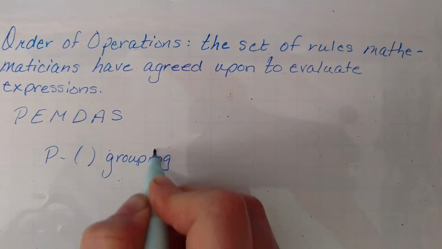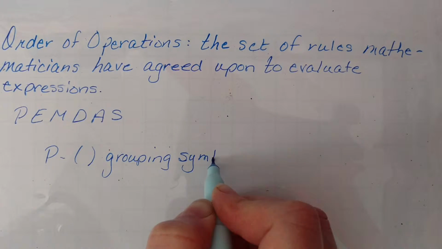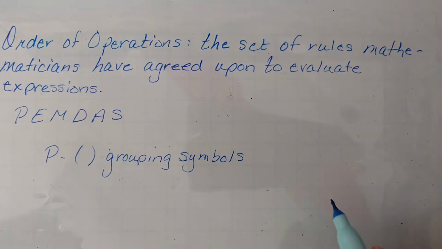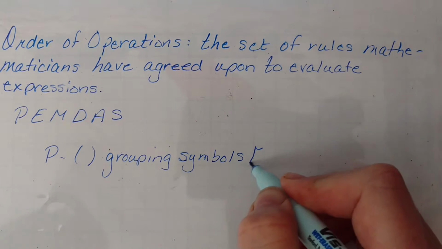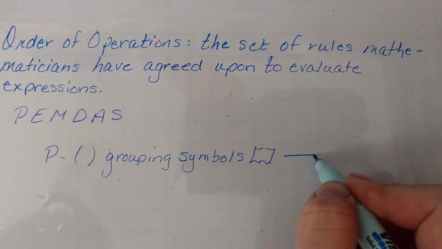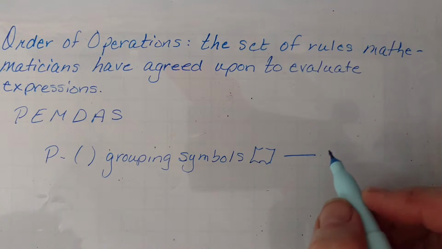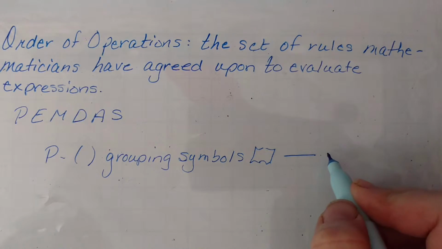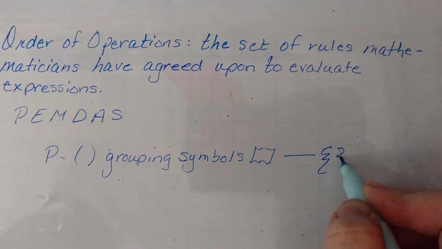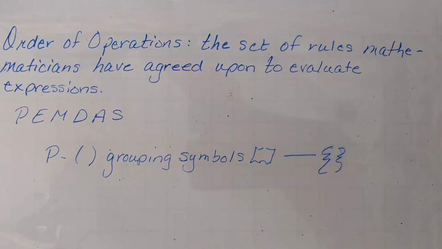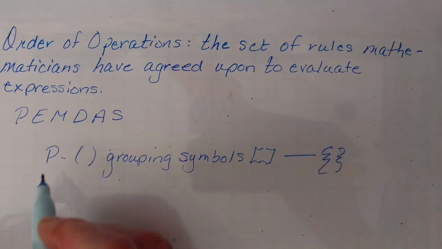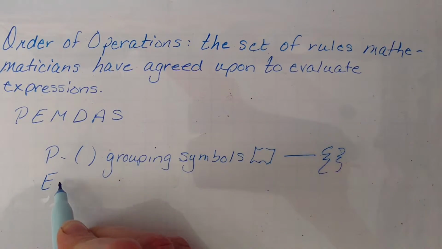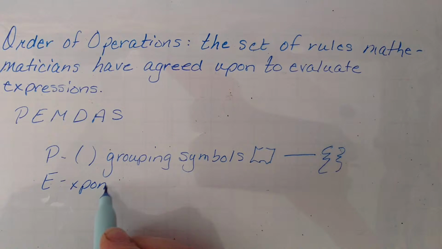Those grouping symbols, for the level of math that we are performing at, could be brackets, could be the division bar, or what I call wingdings. So any grouping symbol.